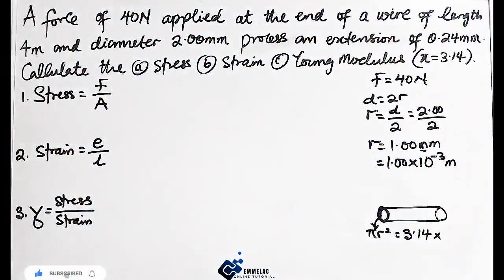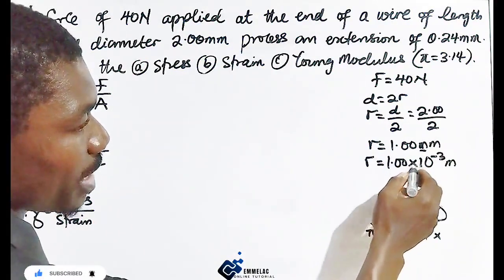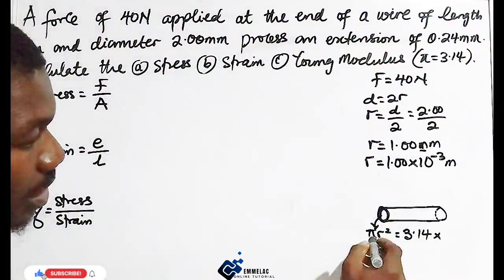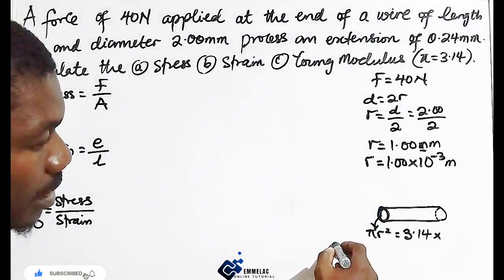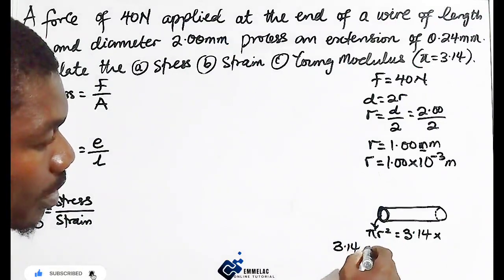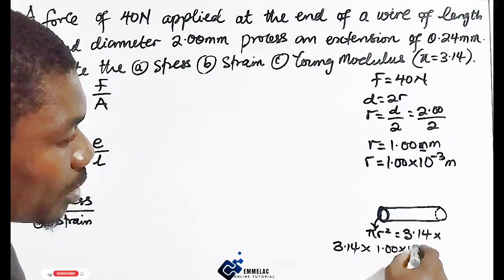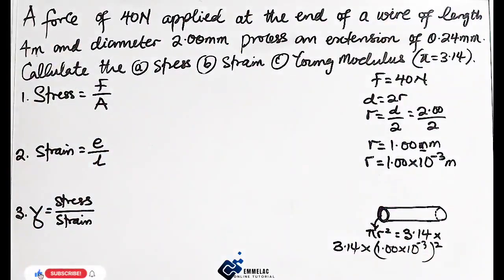Okay, so our radius is now 1.00 times 10 raised to the power of minus 3 meter. So to this end here we can see our area will be 3.14 times 1.00 times 10 raised to the power of minus 3, all raised to the power of 2, right?